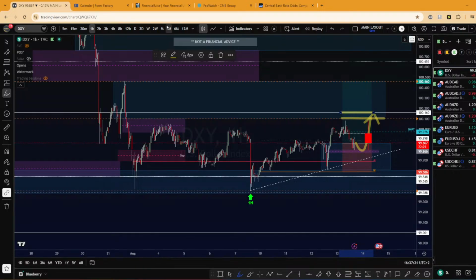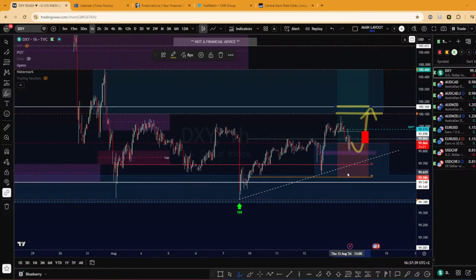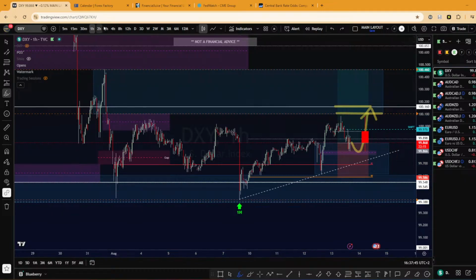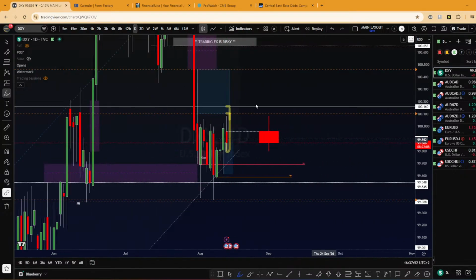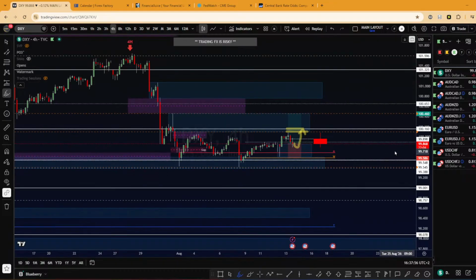The dollar is very weak compared to the last week with this recent inflation data, but I still think that we are oversold. When I say oversold, I mean, for example, if I go to the 4 hour, we are oversold on the 4-hour time frame.